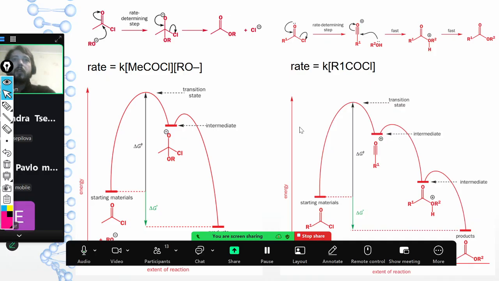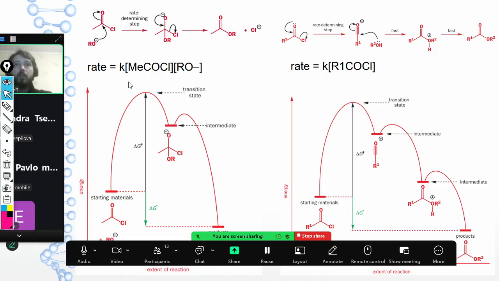Good. Here are some more examples of reactions. So here is one of the reactions where we are attacking the carbonyl group, and that's basically a nucleophilic attack. And here you see the tetrahedral intermediate, which I showed you in lecture number 4.